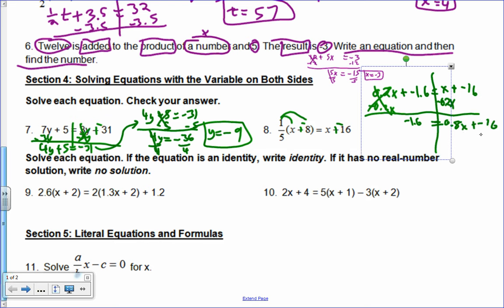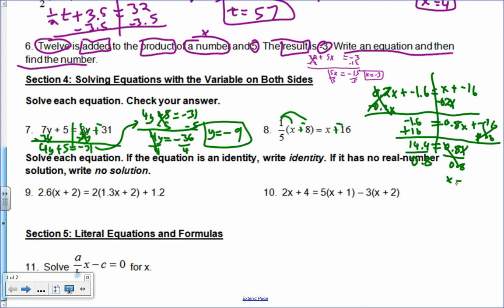Alright, let's get rid of the negative 16 by adding 16 to both sides. You're left with, this is going to be 14.4. Feel free to check that on your calculator. But that's equal to 0.8x. And then lastly, divide both sides by 0.8.